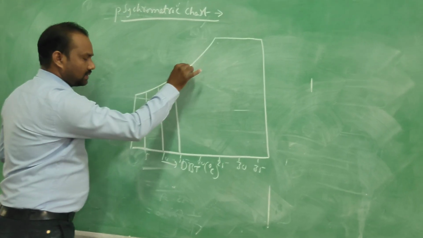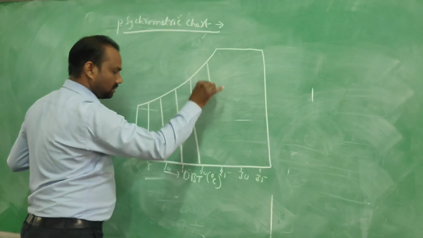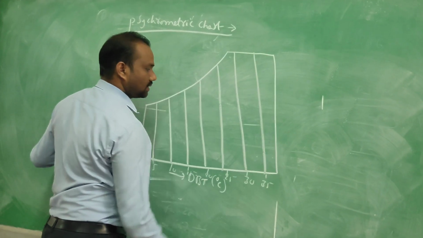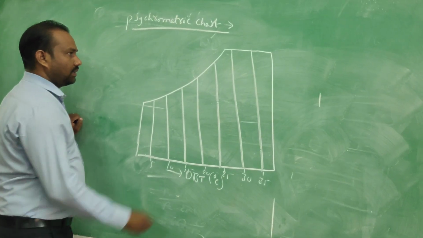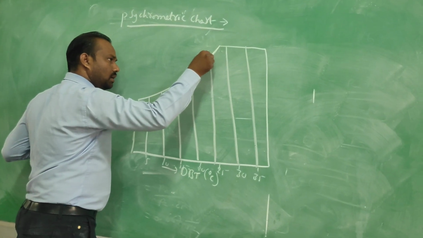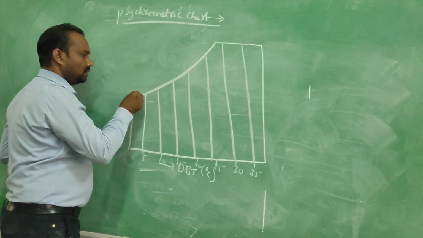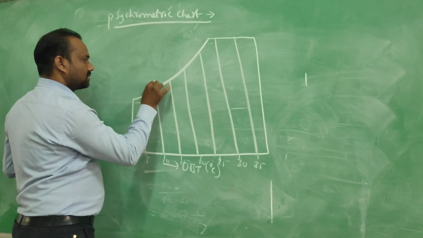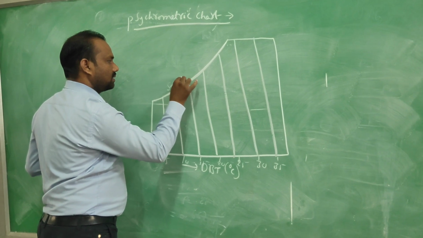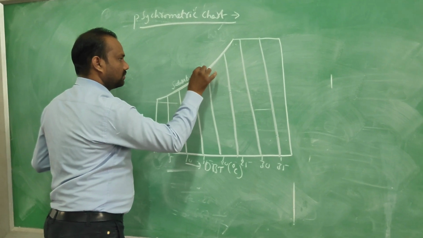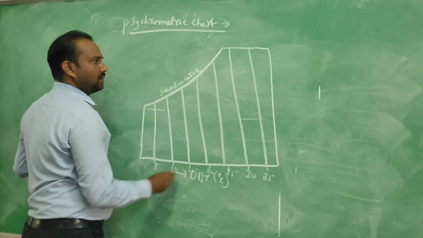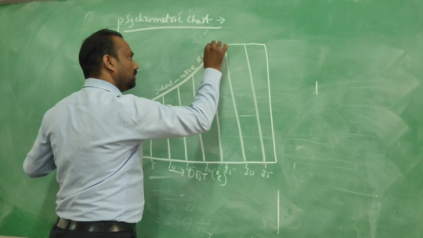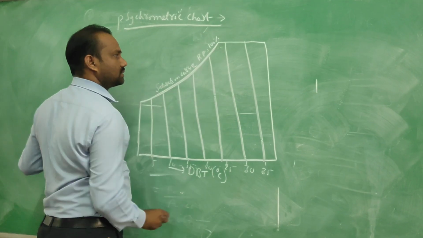All the vertical lines on the psychrometric chart are dry bulb temperature lines. Whereas there will be a curve on the extreme left corner. It is called the saturation curve, where relative humidity is 100%.